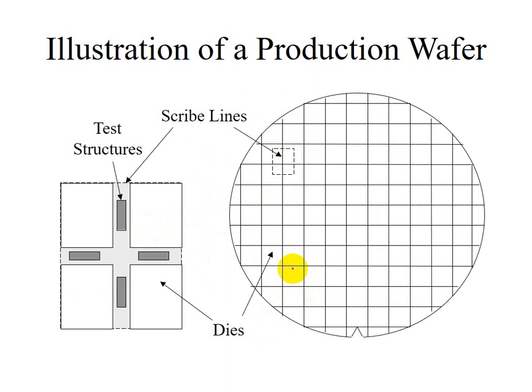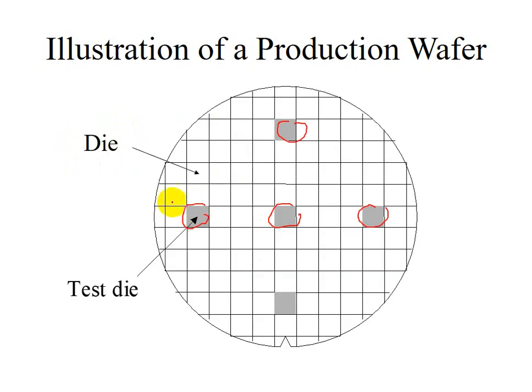When your technology improves to a very small feature size, the scribe line, where you cut the wafer into dies, can actually contain some of the fine test structures. So you don't need to have the test dies.